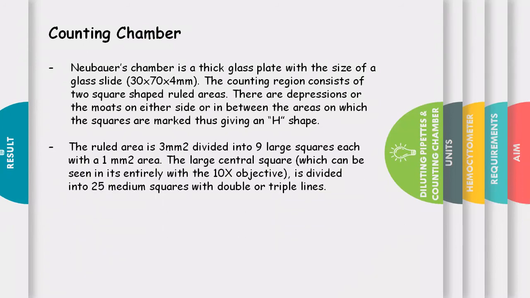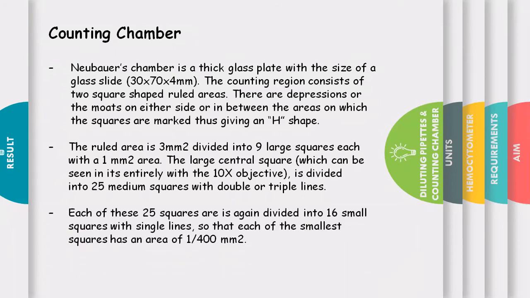The ruled area is 3 mm x 3 mm, divided into 9 large squares, each with 1 mm² area. The large central square, which can be seen entirely with the 10x objective, is divided into 25 medium squares with double or triple lines.